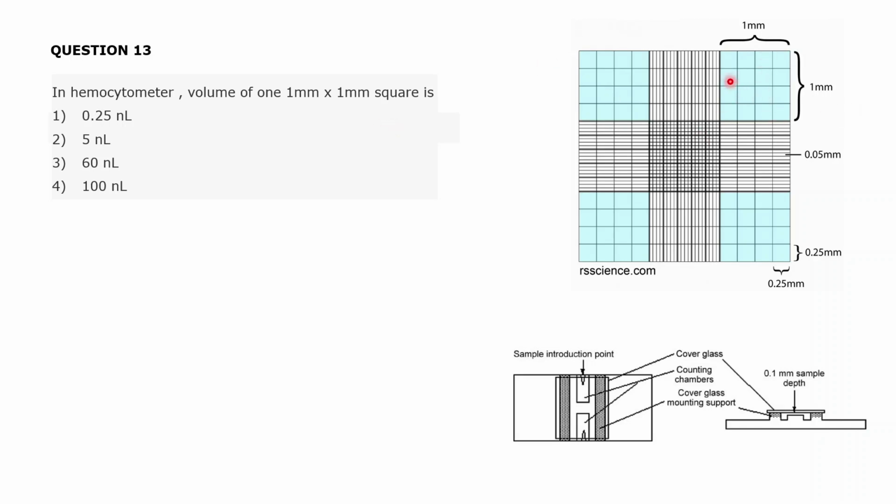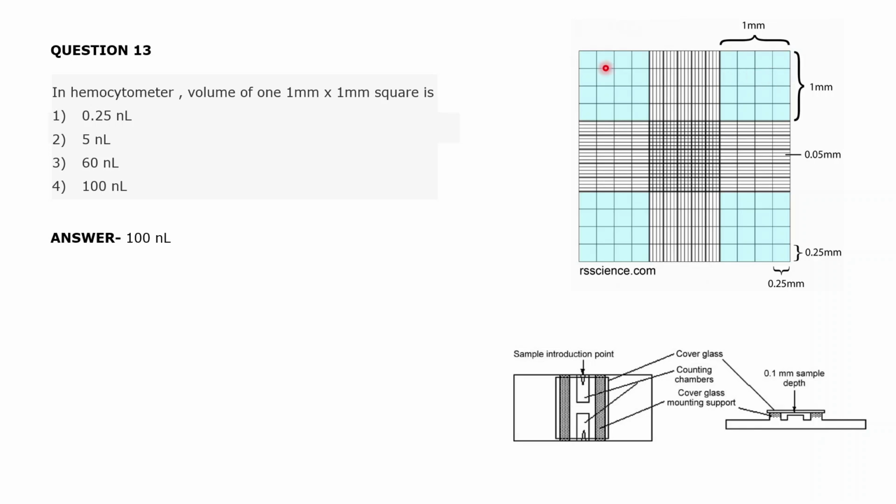Basically they want to know, if you are adding a cell suspension into this particular chamber, how much volume can it occupy? Option 4. Yes, the answer is option number 4, 100 nanoliter.